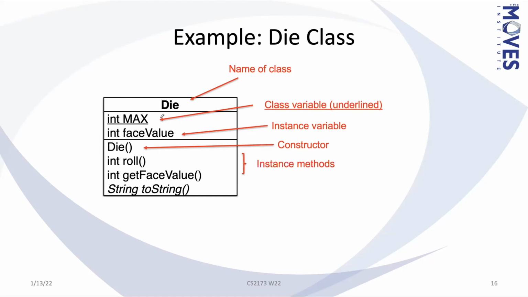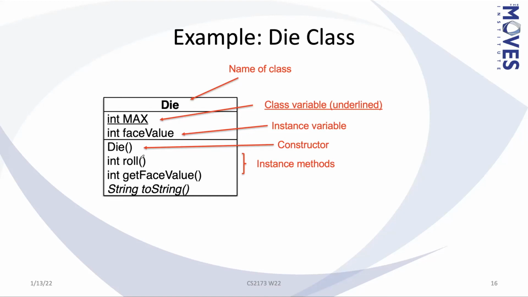In this case, we have 2 instance methods. The book had a third one, which is, in my view, a very bad design for a variety of reasons. One is we can get the face value, which is how many dots are showing currently.